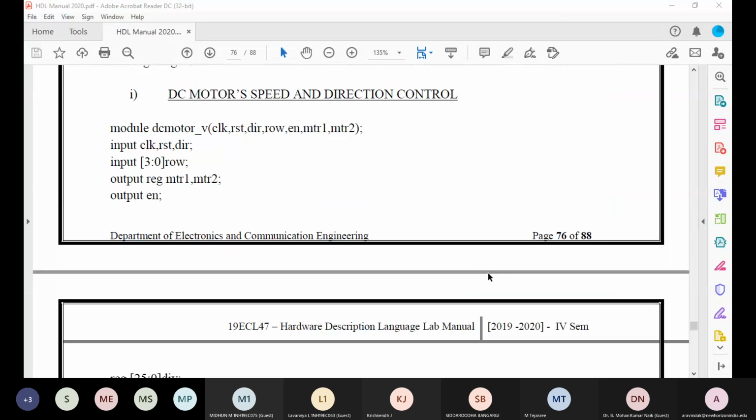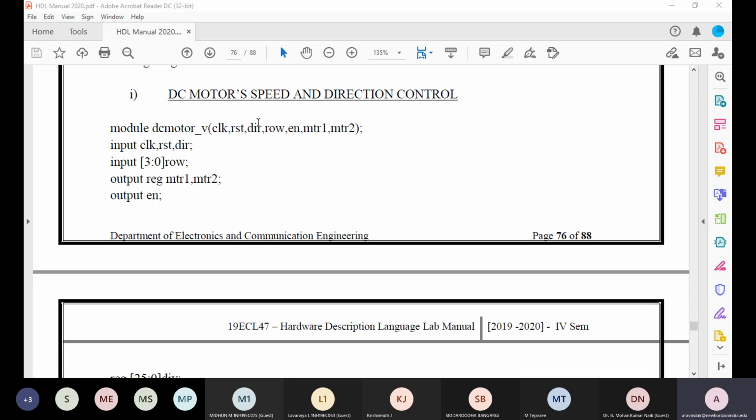DC motor speed and direction control. Module DC motor. We have this clock, reset, direction, row, enable, motor 1 and motor 2. Clock is by default 4 MHz for the FPGA board. Reset is in general to make everything default 0.